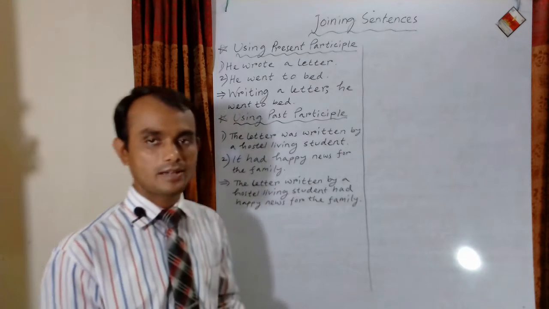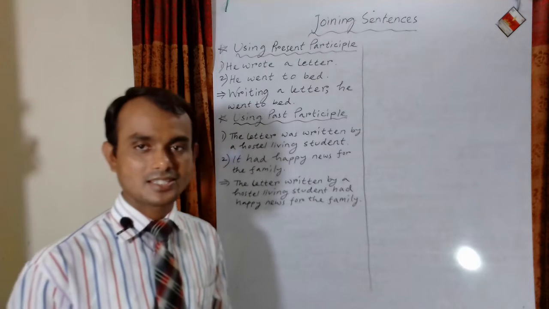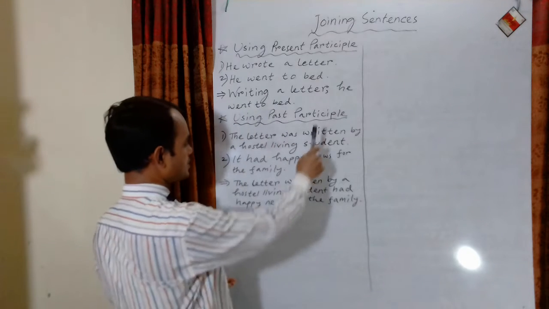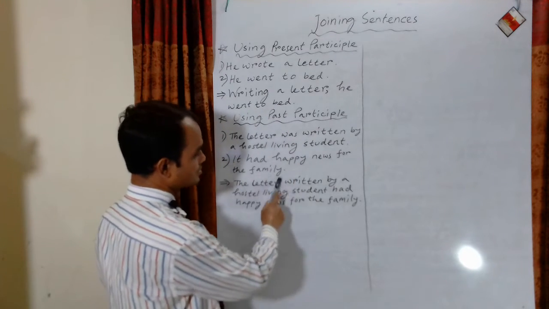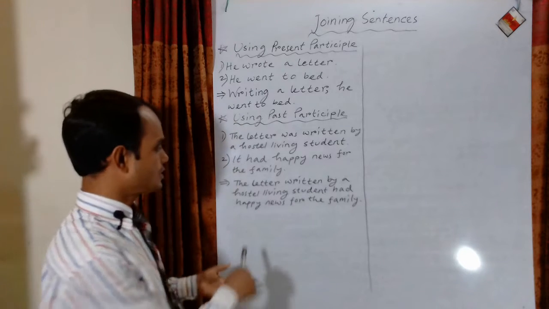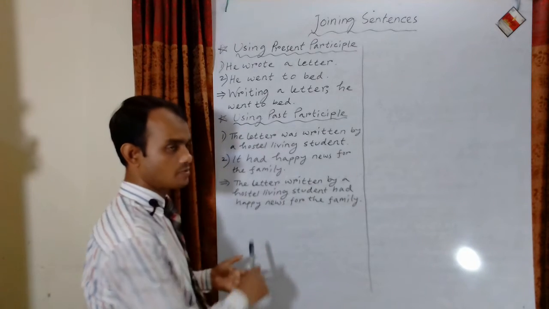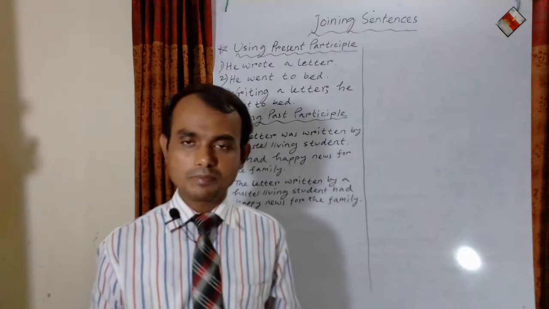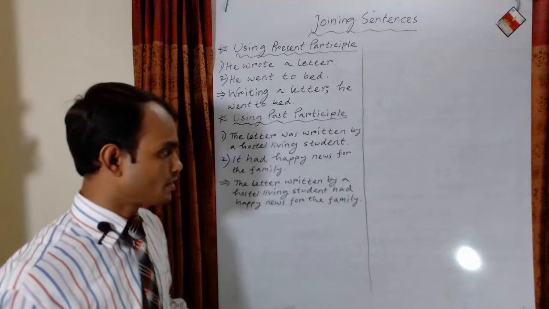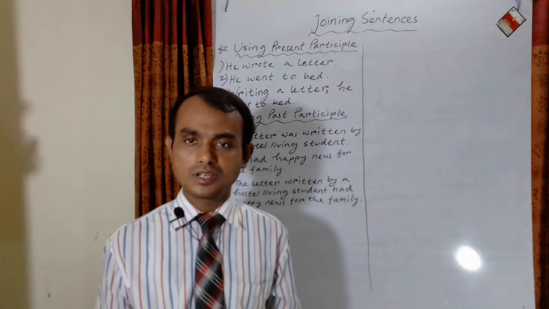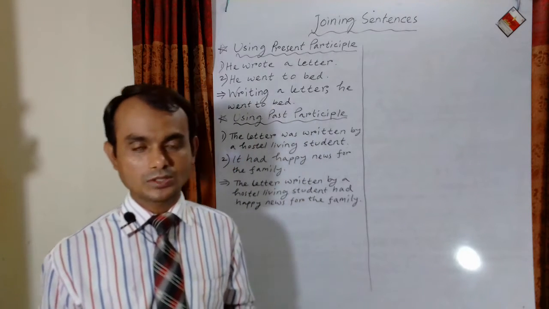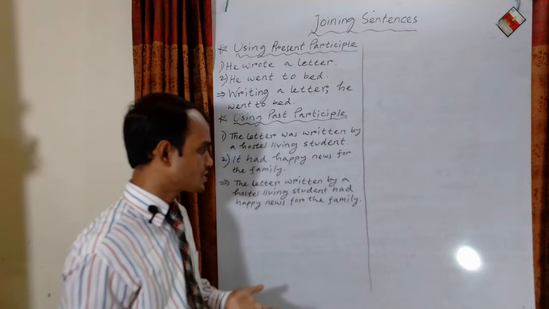Okay, and I have joined these two sentences using past participle. The past participle form is written. The structure is NP plus past participle, and I have already made some videos on this structure. You can watch those videos and you can understand very easily.